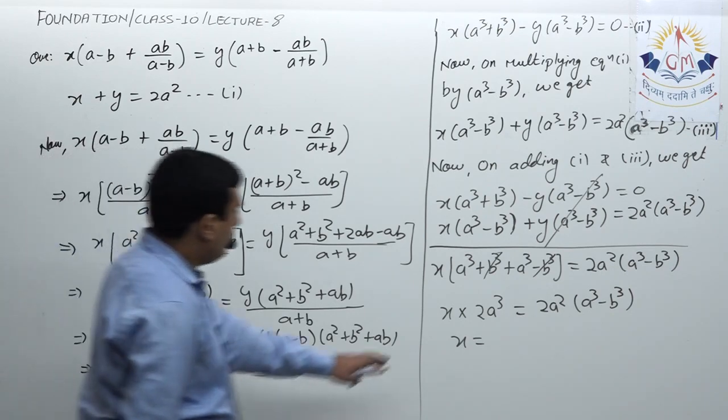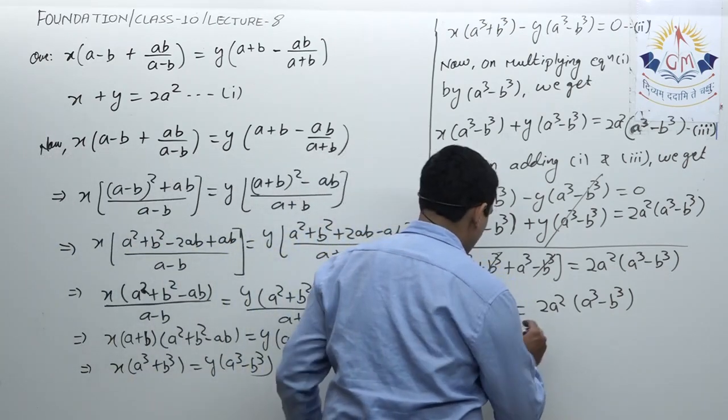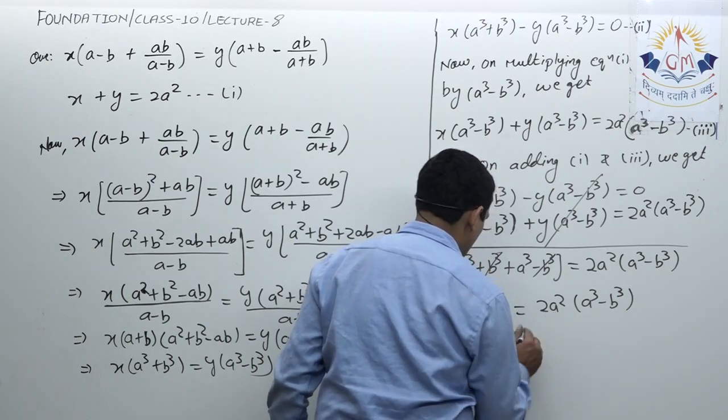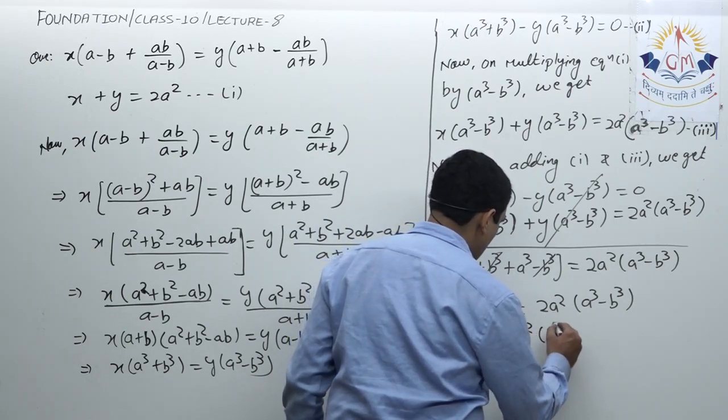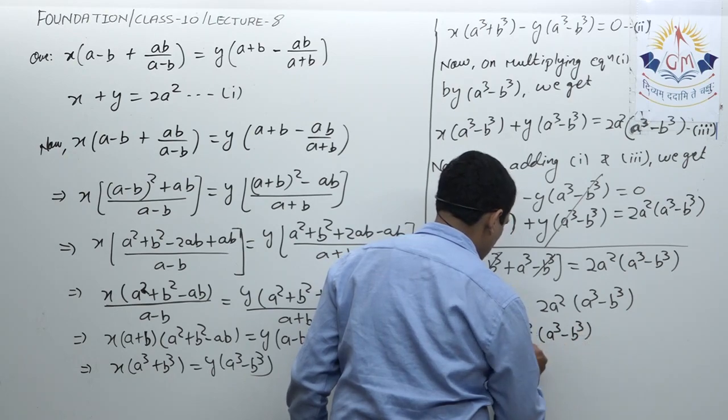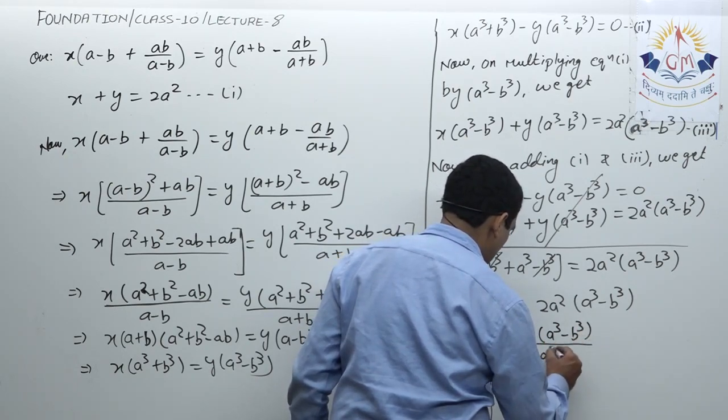Okay, simply what you have to do, you have to take this 2a³ over here. So 2a²(a³ − b³) upon 2a³.